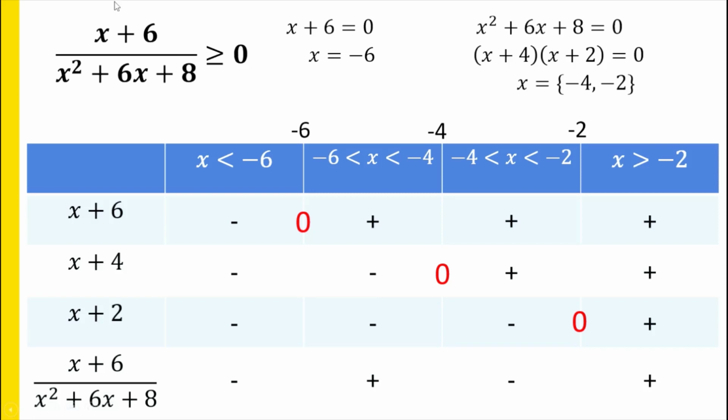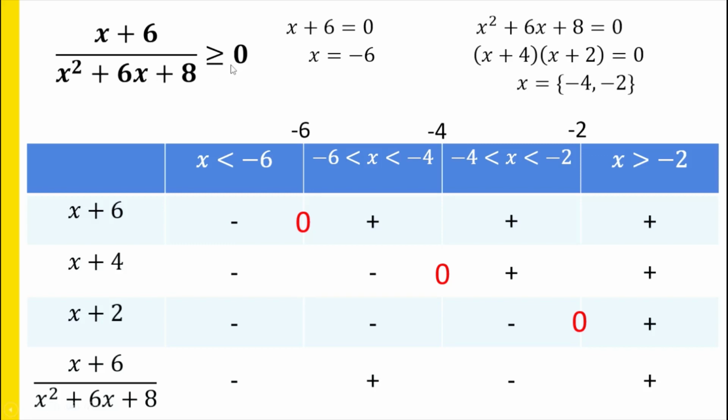In this case, we have x plus 6, which is negative 6. So negative 6 is included. So always remember, look at the numerator if there is an equal sign here.